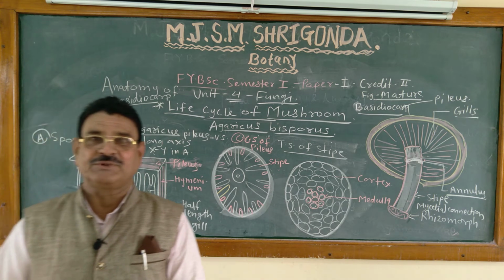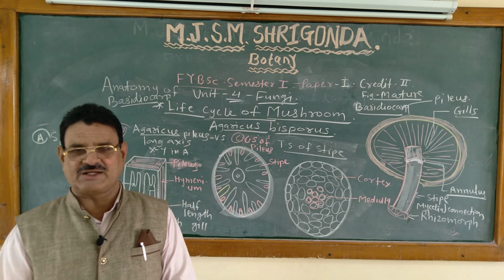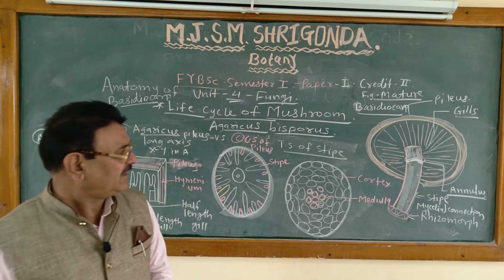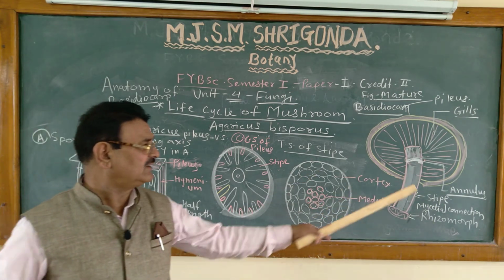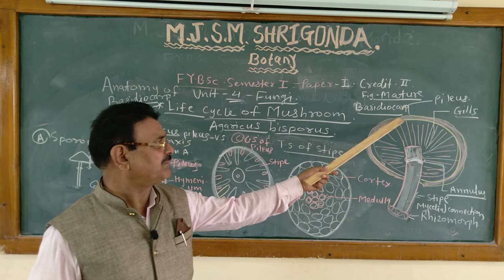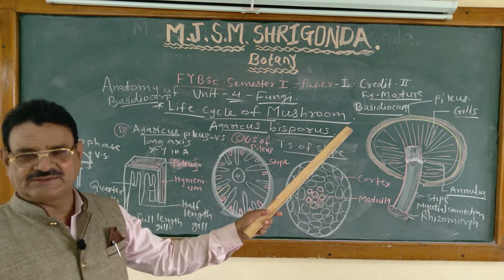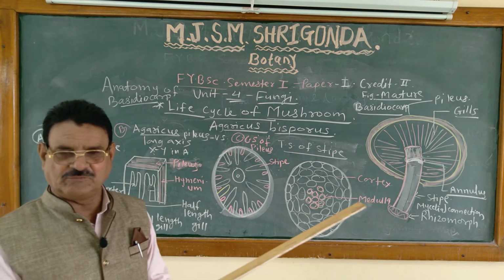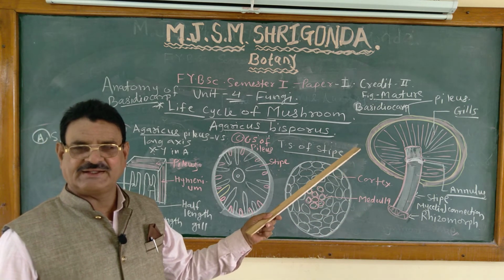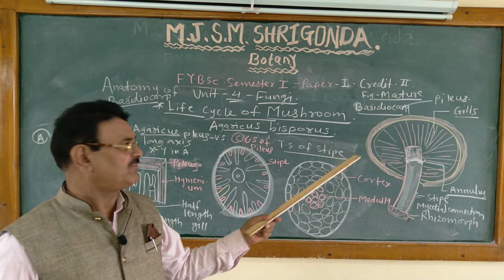The basidiocarp is made up of a pseudoparenchymatous mass of hyphae having a lower stalk called stipe and an upper pileus with gills. The tissue of the upper region of the gill chamber differentiates into slow and fast growing alternate bands called primordium of gills.